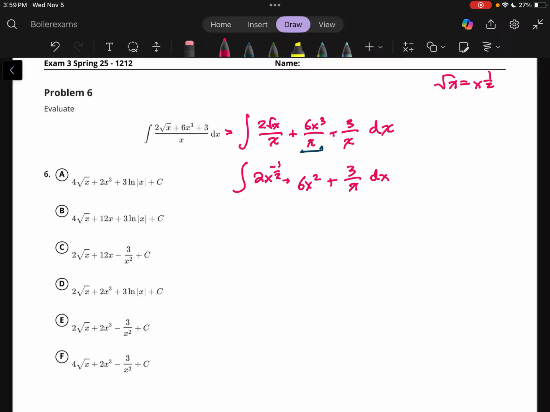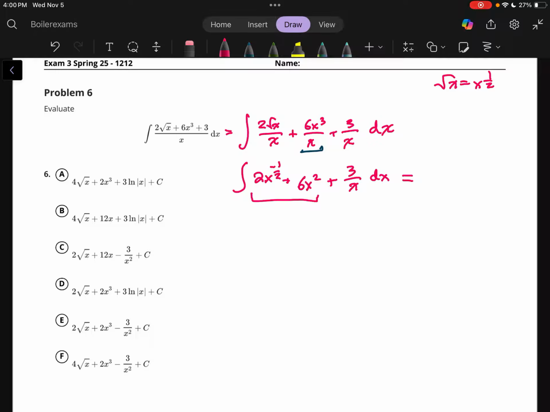Now we've simplified our expression into something we can use our basic antiderivative rules on. For these first two terms, we can use the reverse power rule.